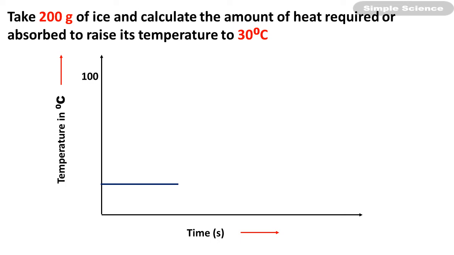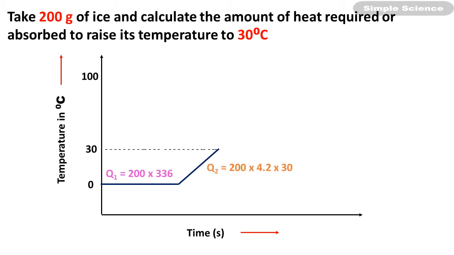You have to consider. Now ice is at 0 degrees Celsius. So first it will melt. It will become water at 0 degree Celsius. So heat absorbed in this case, Q is equal to ml. Then its temperature will increase and it will go up to 30 degrees Celsius.